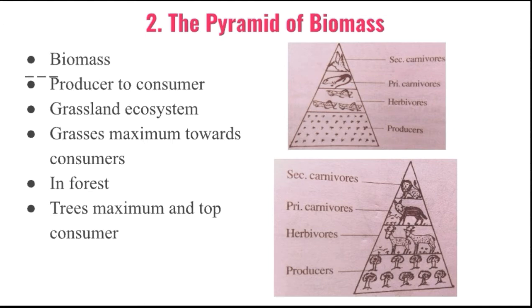You have seen here, first the producer is the grass, second the grasshopper, then lizards and hawk, right? The biomass of grasses is the maximum as compared to the other levels, and it gradually decreases towards the consumer level. Among the herbivores there are insects, then primary carnivores, only one lizard, and lastly only one hawk. It means the biomass of the producer is maximum and it gradually decreases towards the consumer level.